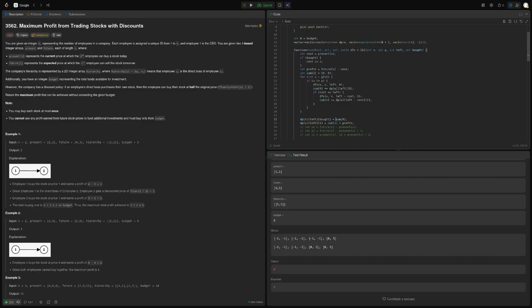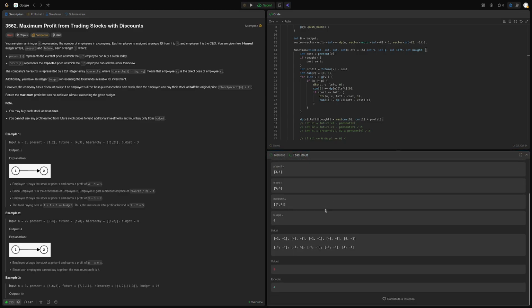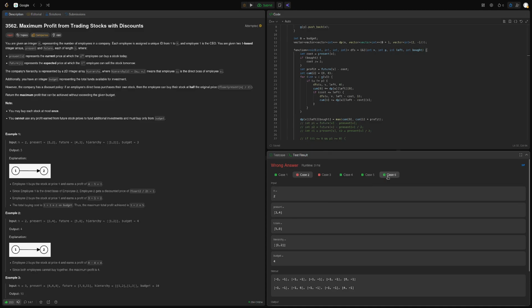So either we didn't buy or we bought for the reduced price. Okay, now it passes in this case, and this case, and this case, and just not this case.